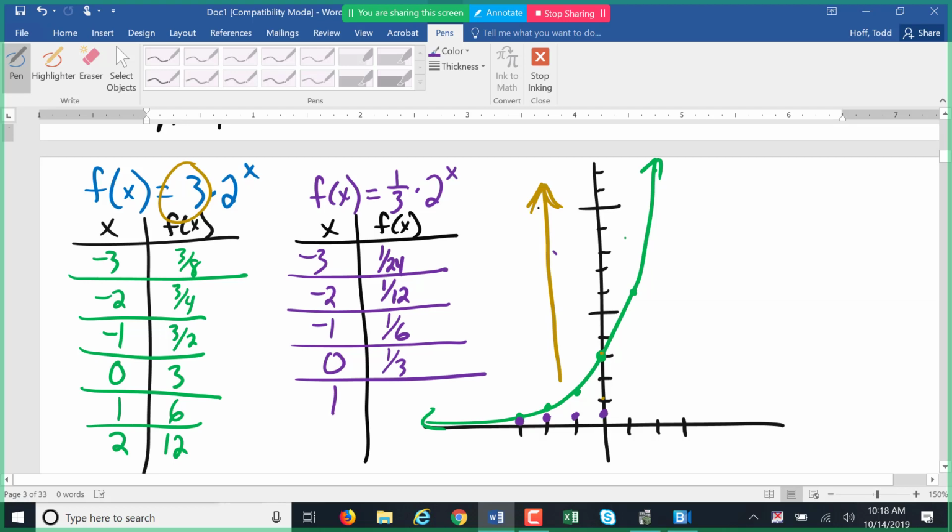At 1, 2 to the 1 is 2, times 1/3 is 2/3. At 2, 2 squared is 4, times 1/3 is 4/3. At 3, 2 to the 3rd is 8, times 1/3 is 8/3, or 2 2/3. So you can see this, of course, contracts it, or makes it increase a little more slowly.